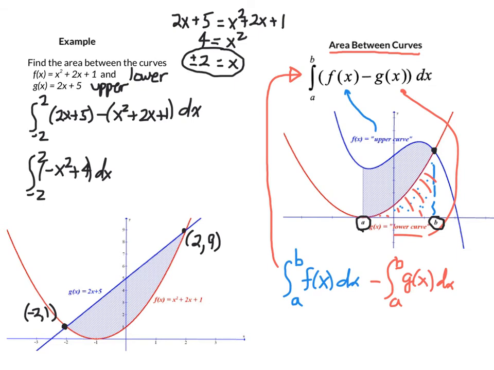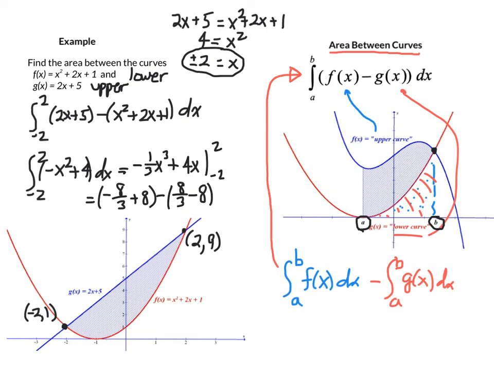So then we can go ahead and apply the fundamental theorem here. Our antiderivative is negative 1/3 x to the third plus 4x from negative 2 to 2. And then we evaluate, so we end up with negative 8/3 plus 8 on the upper bound minus 8/3 minus 8 on the lower.